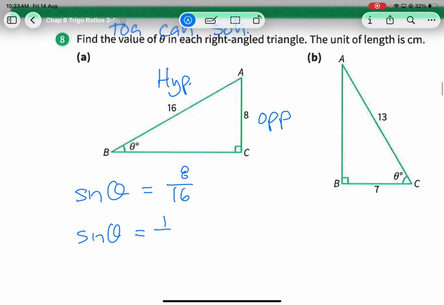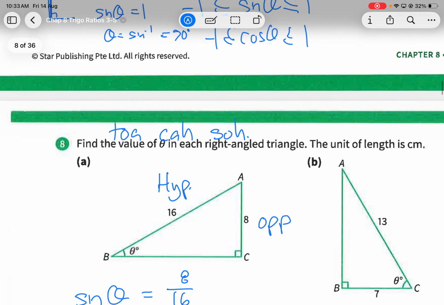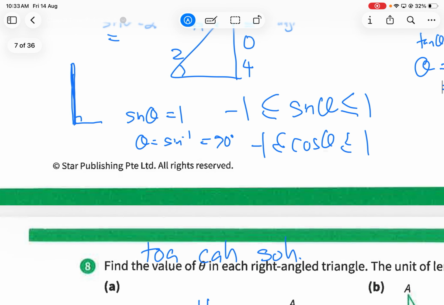Then, once you are able to form this equation, it is back to how do I find the angle?